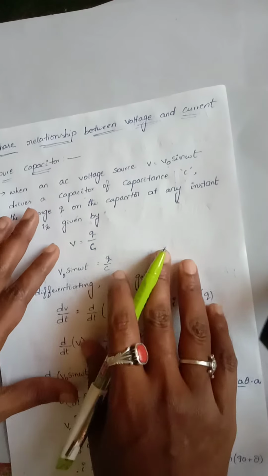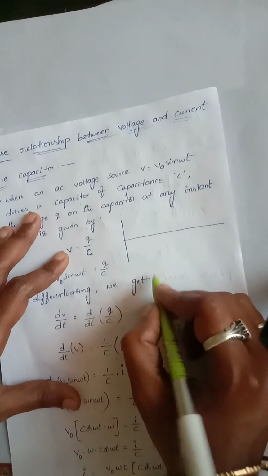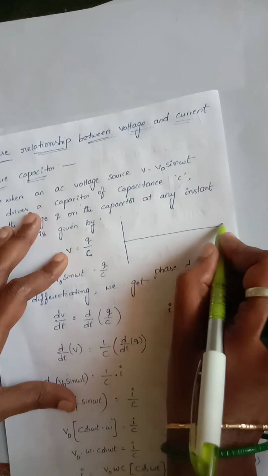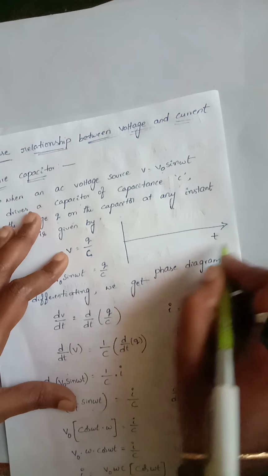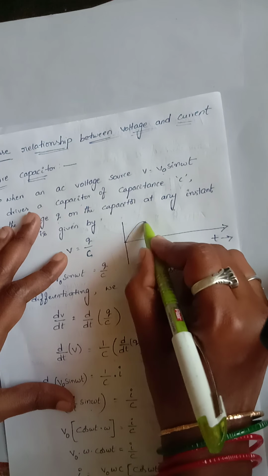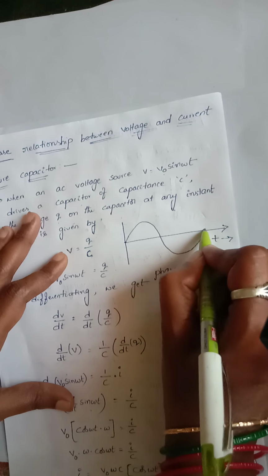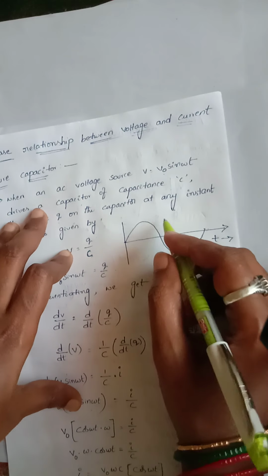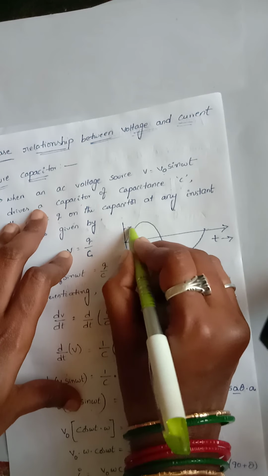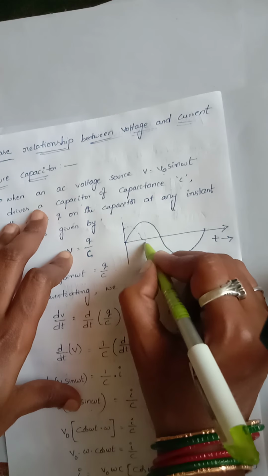Let's observe the graph, the phase diagram. Time is taken on the x-axis, and voltage and current on the y-axis. This is the voltage V, and the current is shifted by pi by 2.